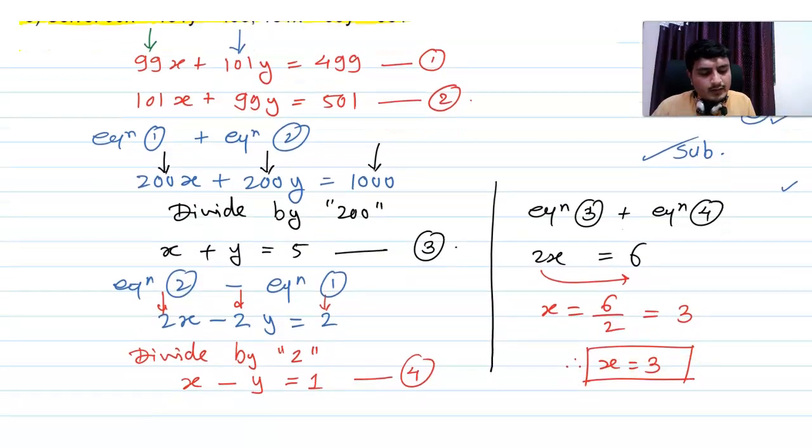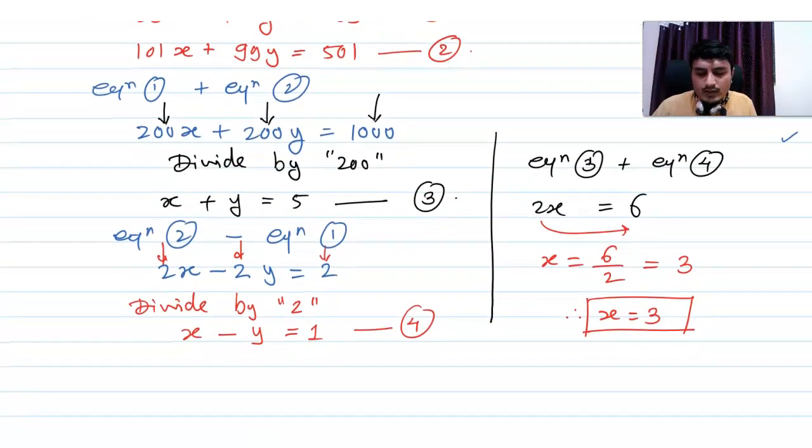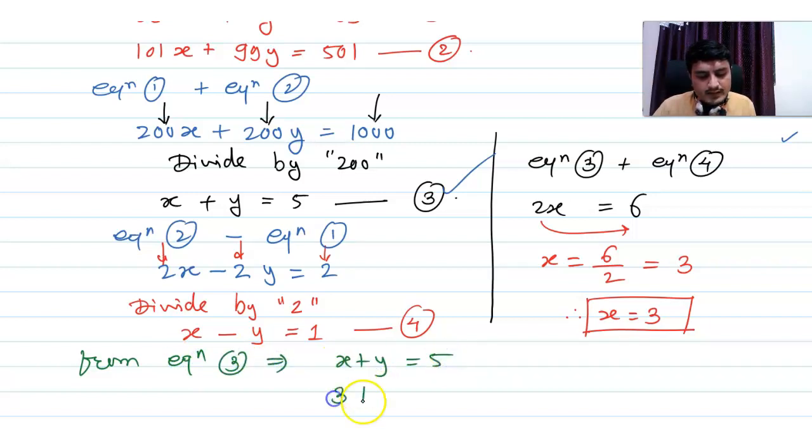Now to evaluate the value of variable y, what shall we do? Substitute x equals 3 in any one of equations 1, 2, 3, 4. We are taking the simplest equation, equation number 3. From equation 3 we have x plus y equals 5. Value of x is 3, so 3 plus y equals 5.